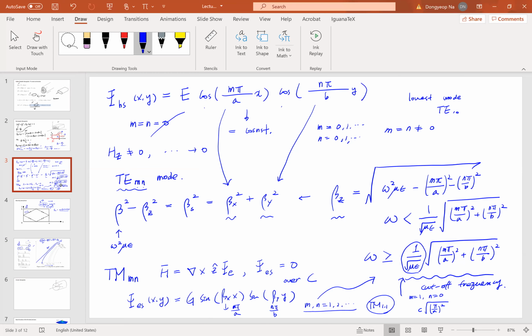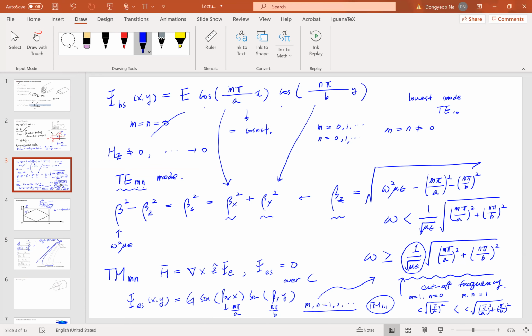It turns out that as m and n increase, for example, m and n equal to 1, then the cutoff frequency is going to be the square root of pi over a squared plus pi over b squared, which is greater than the former case, m equal to 1 and n equal to 0.